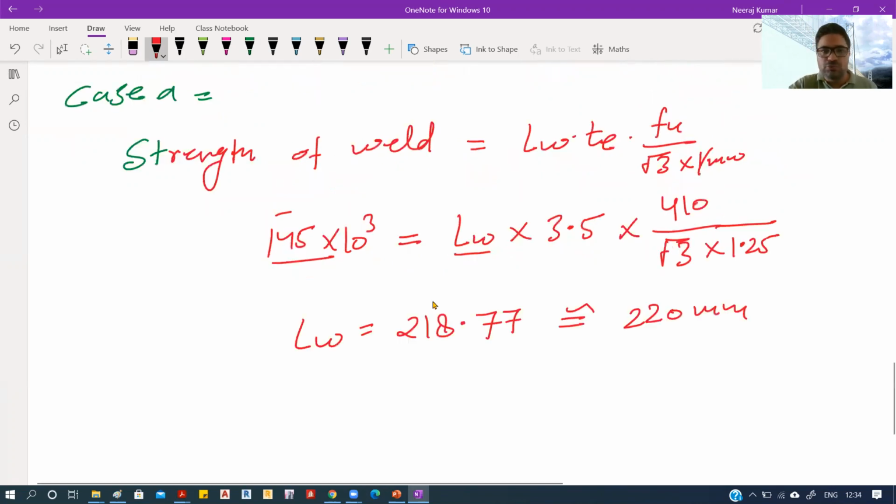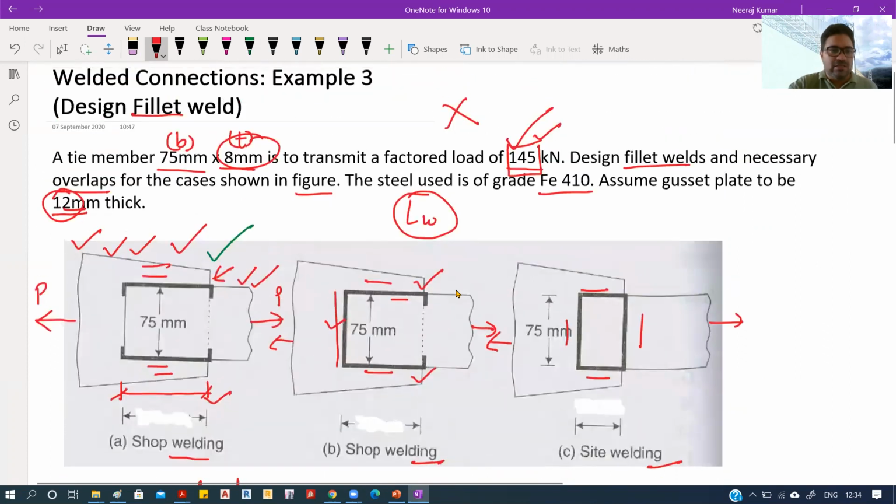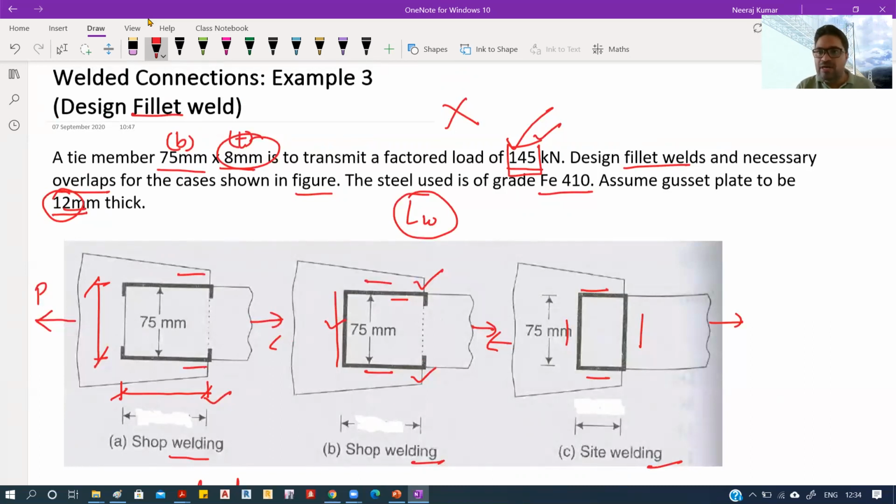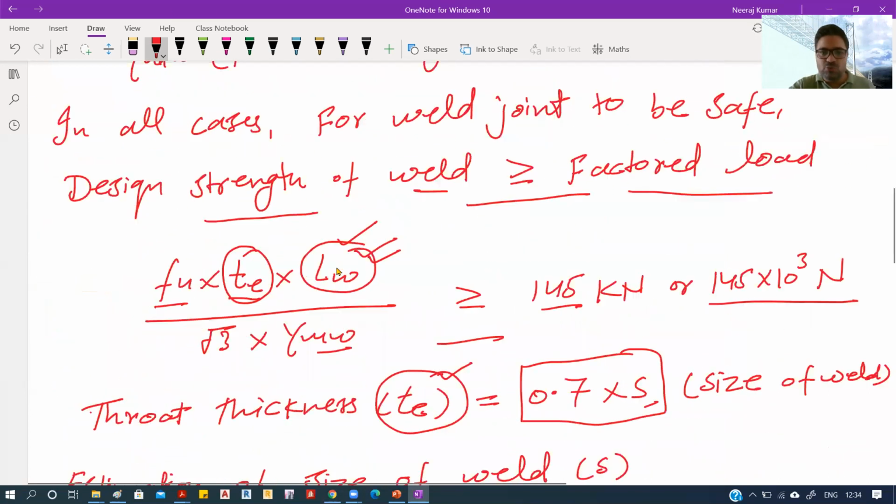Now again go to the first case. In the first case, you can see we know this value is 75, but we have to provide welding along this side and along this side. So the total length required is 220 mm. On both sides, we can provide half of the length. So the length which we have just calculated is 220.